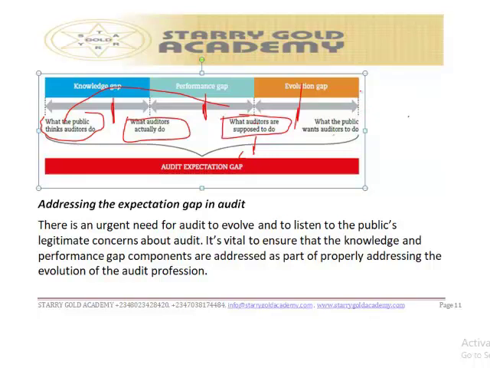There's actually an urgent need for audits to evolve, like we have seen there, and to listen to the public's legitimate concern about the audit. And it is vital to ensure that the knowledge and performance gap components are addressed as part of addressing the evolution of the audit profession. If we can address it, then we can address the evolution of the audit profession.